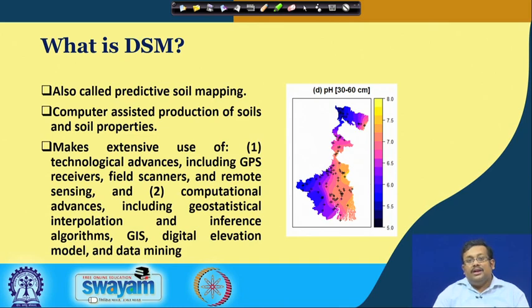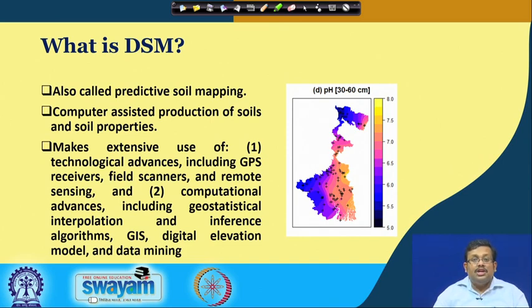And you know that mapping of soil is very much important for proper and judicious management of natural resources, and for that digital soil mapping gives us the maximum flexibility as well as maximum technological advancement, and using digital soil mapping it is possible to properly manage and map the spatial variability of different soil properties.